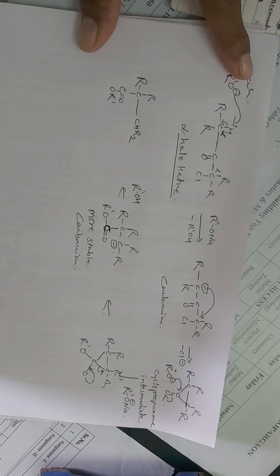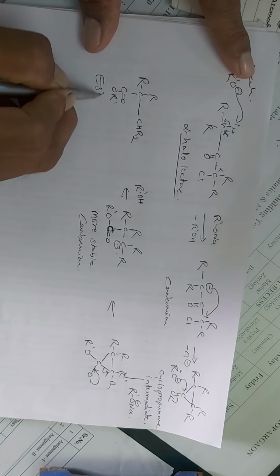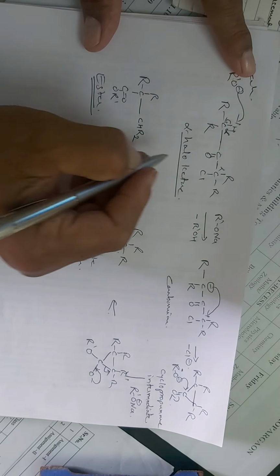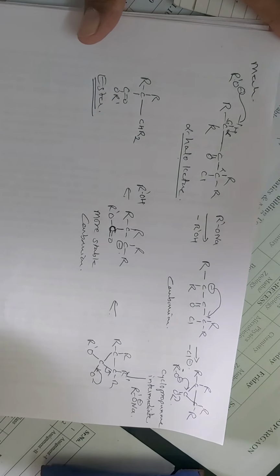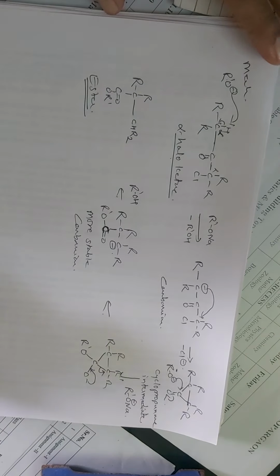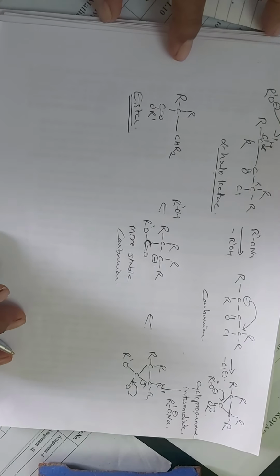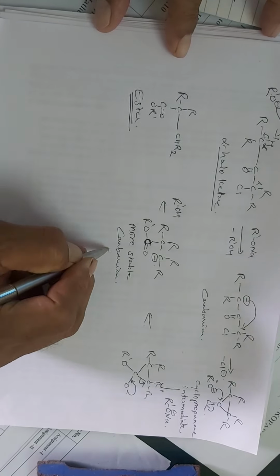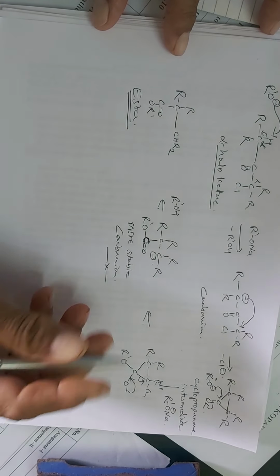So an ester is obtained in this reaction from the alpha haloketone. This is the example reaction which we have just discussed. We will see the details again in the next lecture. Thank you very much.